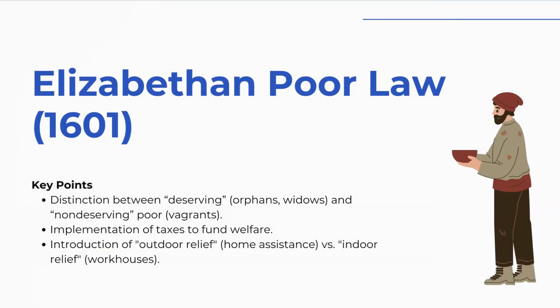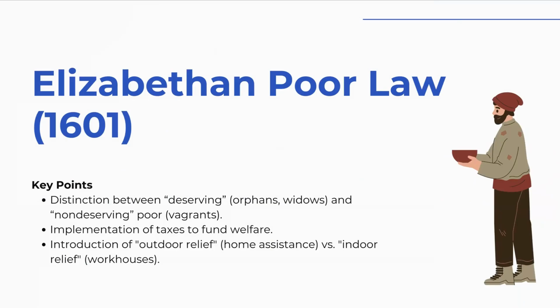So here we have the early origins of social welfare. Social welfare traces its roots to England's transition from the agrarian to a wool-based economy. Key concepts emerged during this period, such as the distinction between the deserving poor, orphans and widows, and the non-deserving poor, like the vagrants.